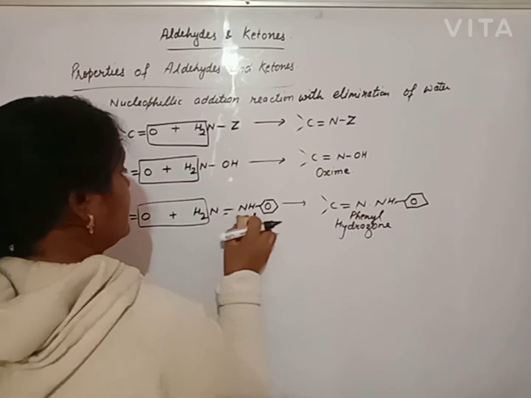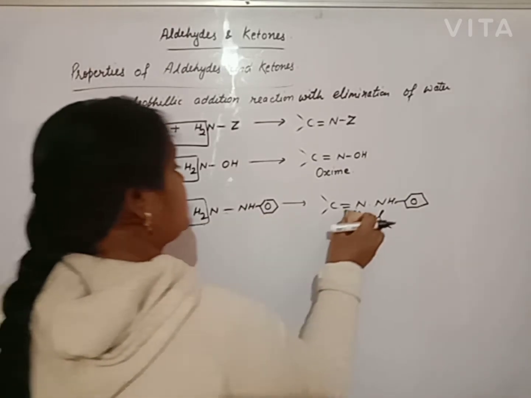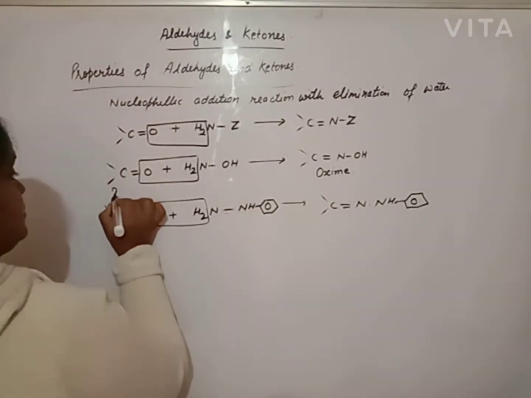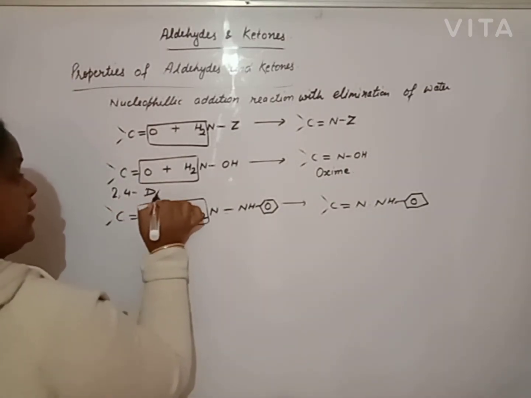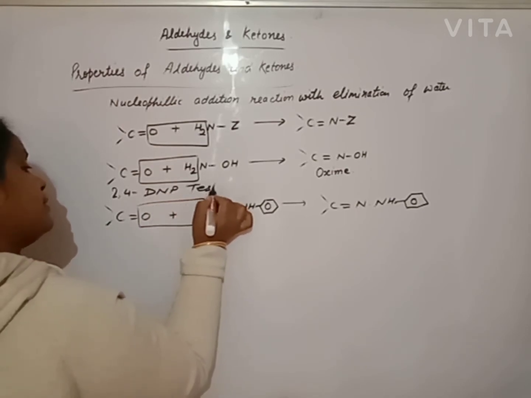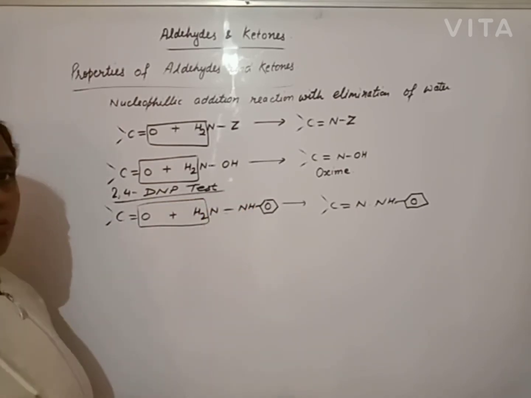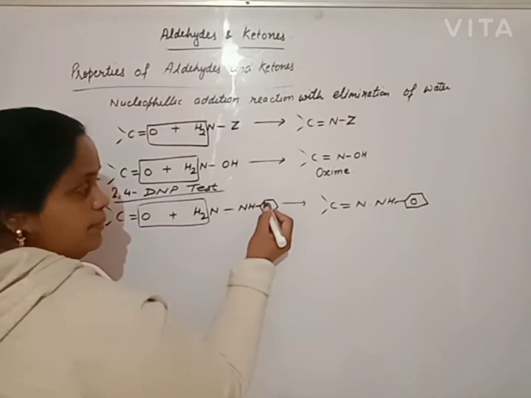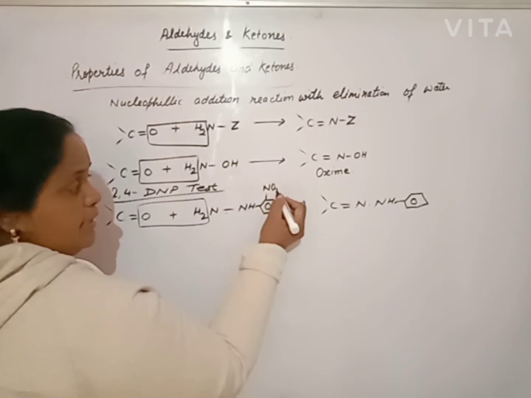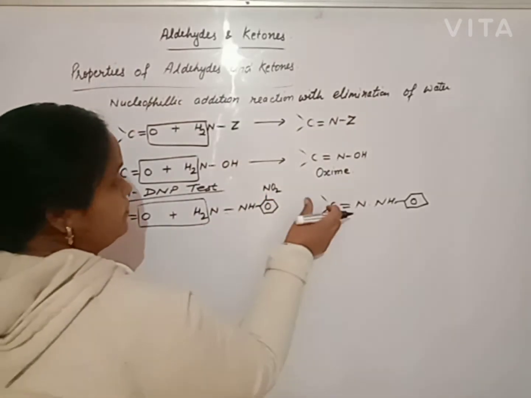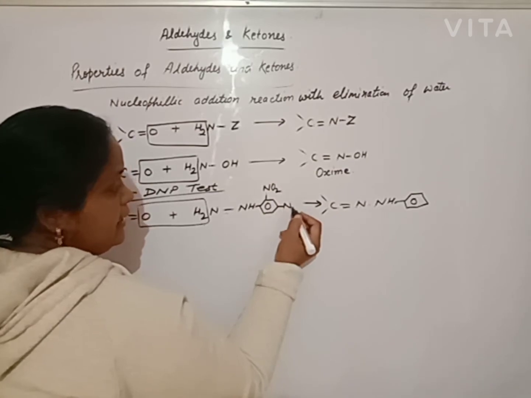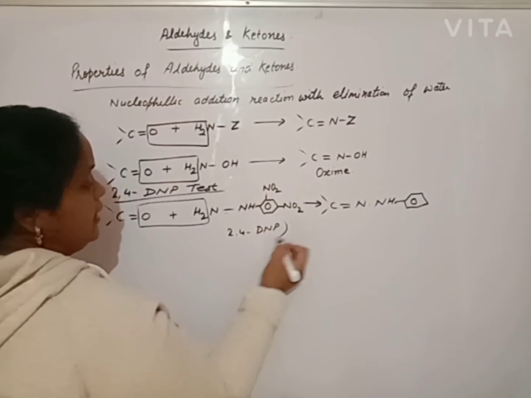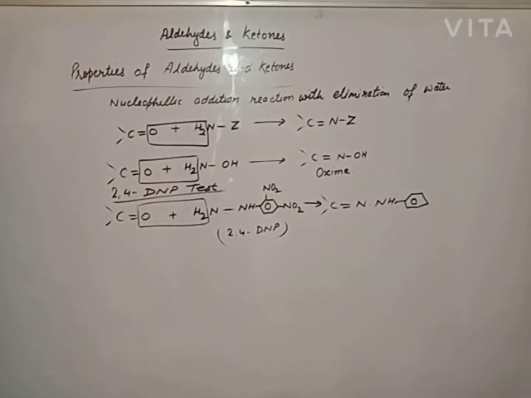Then the next reaction is known as the 2,4-DNP test. That is 2,4-dinitrophenylhydrazine. This is the first carbon, this is the second carbon containing an NO2 group, and the fourth carbon contains an NO2 group. This is 2,4-DNP, and this reaction is known as the 2,4-DNP test.